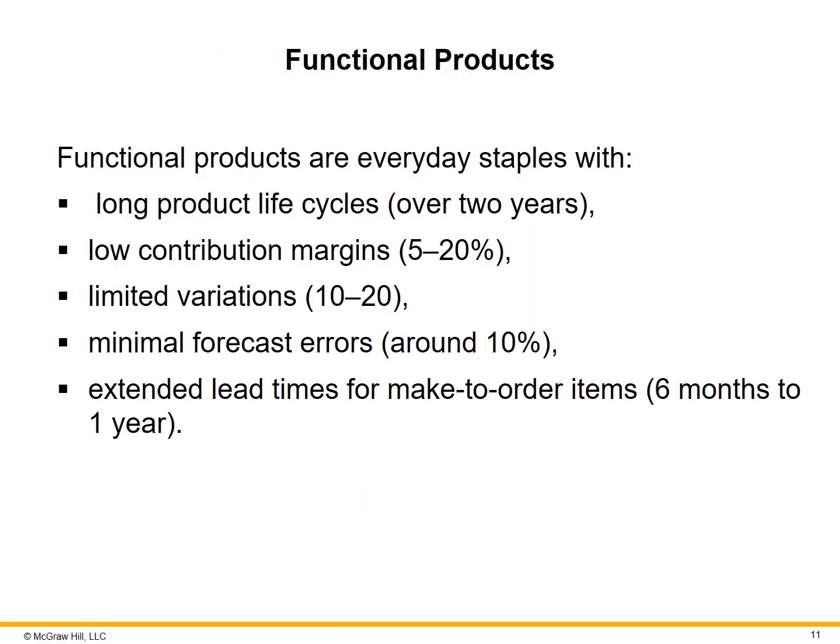So over here, let us look at the functional versus innovative products in more detail. Functional products are everyday staples with long product life cycle, low contribution margins, and limited variations.